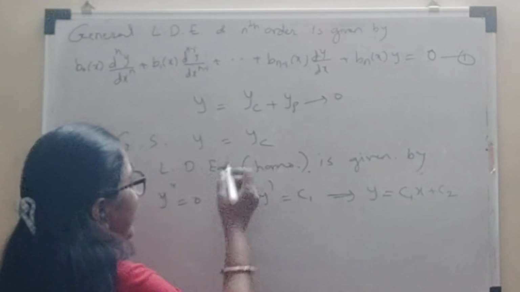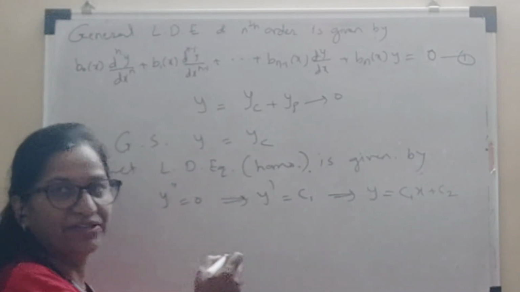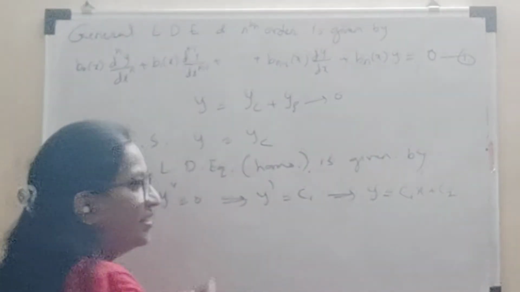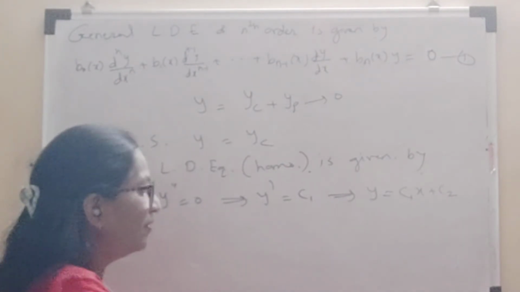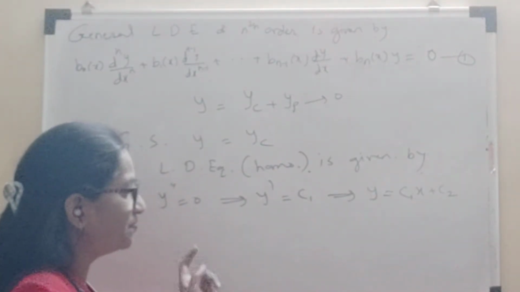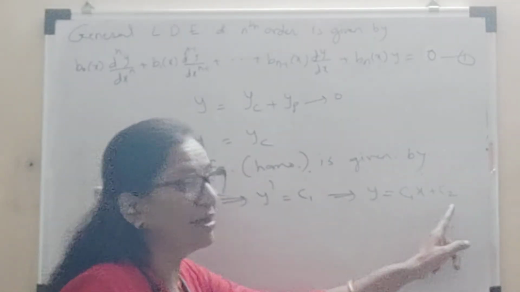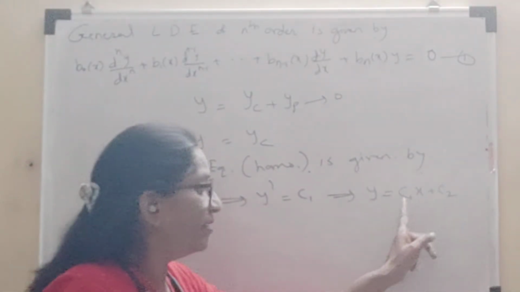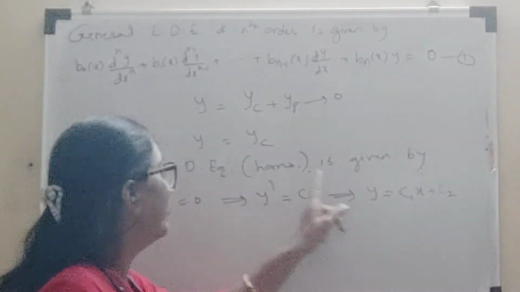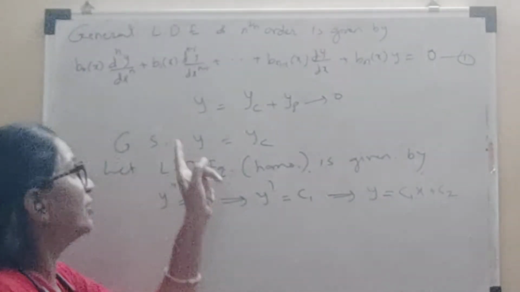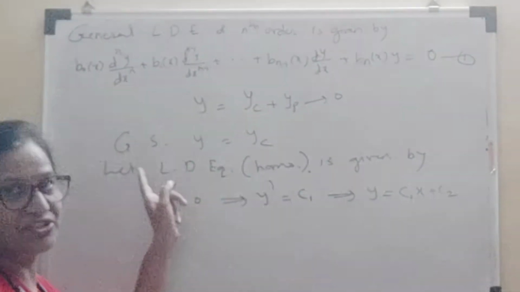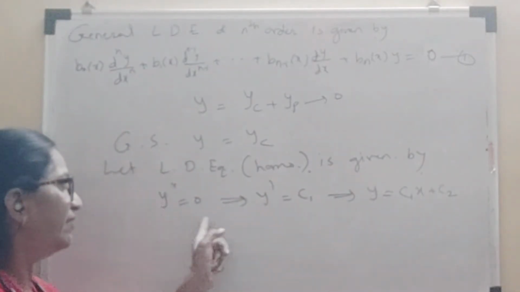So this solution satisfies the given differential equation. I'll call this solution the general solution. One special feature of the general solution is that it contains arbitrary constants, and the number of arbitrary constants is always equal to the order of the given differential equation. What is the order of this equation?